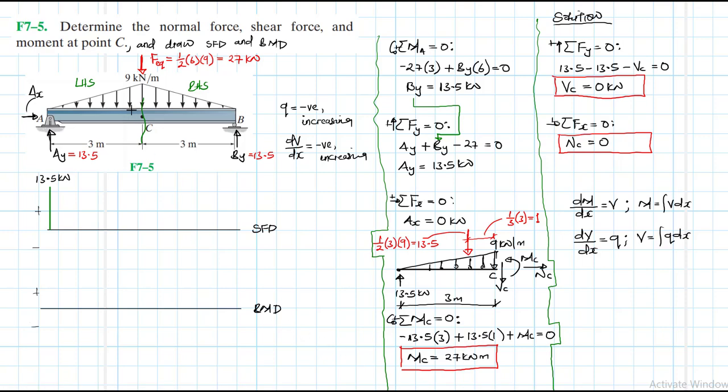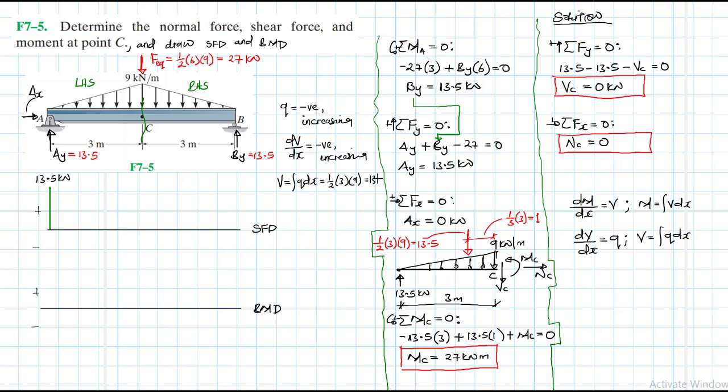And because of symmetry, it will be much easier to work out the other one, but I'll still go ahead and do all the explanation. So let's find the magnitude up to C. We know that shear is equal to the area under the load diagram, the integral of Q dx, which is just equal to the area, half by 3, the length, then by 9.